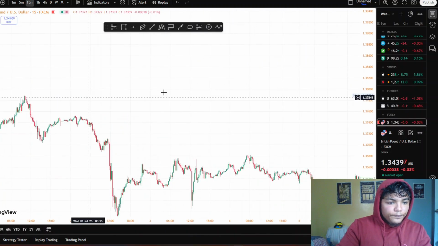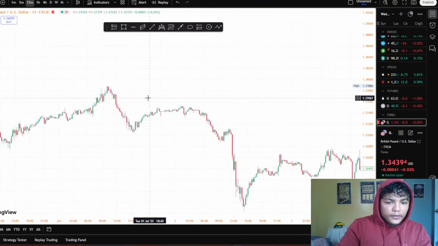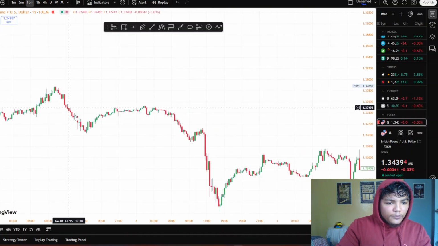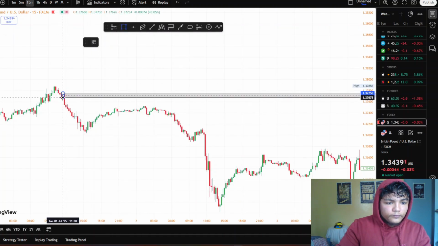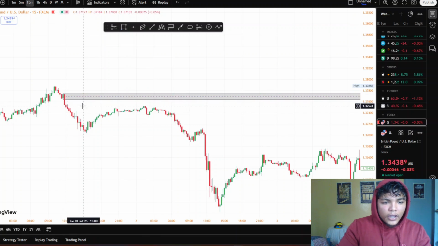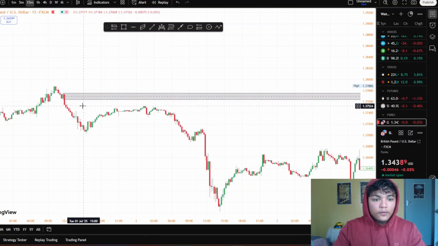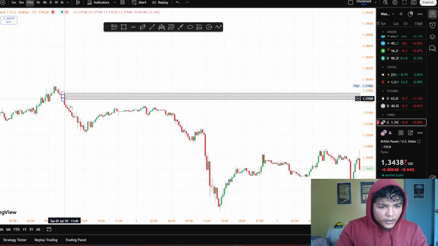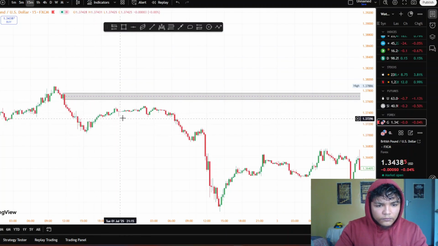Start from here. The market came down here, and here we have an order block right there. We are only going to look for order blocks now. The market came down. Here we have another order block.